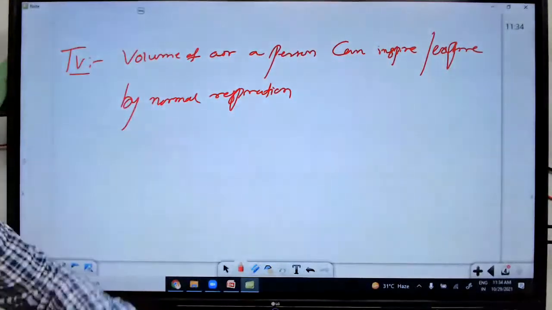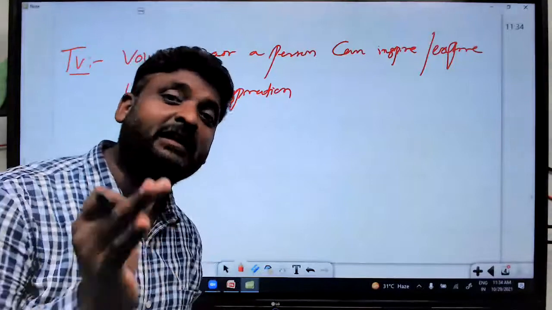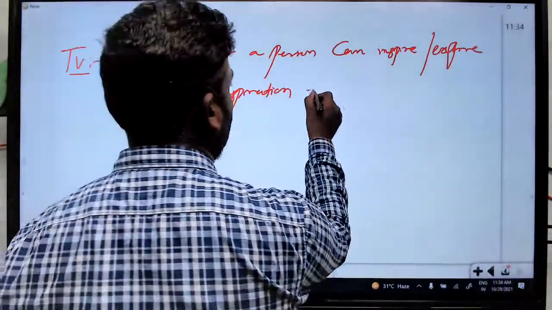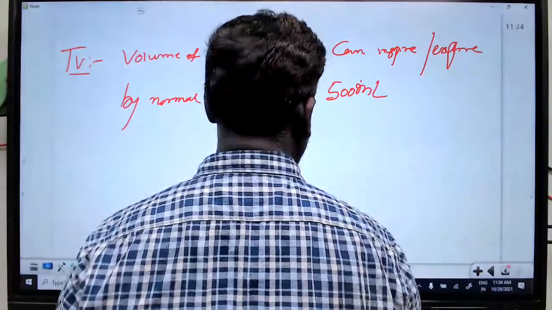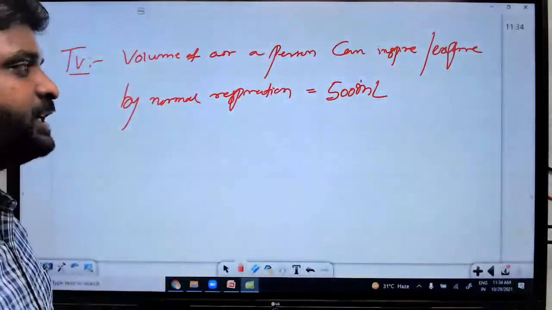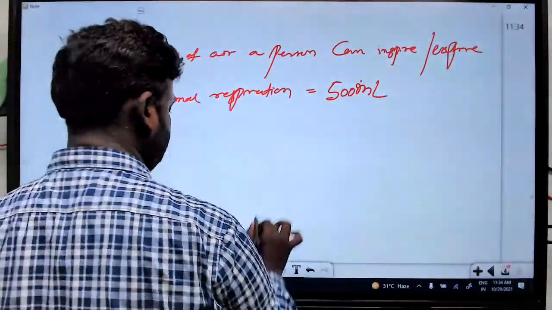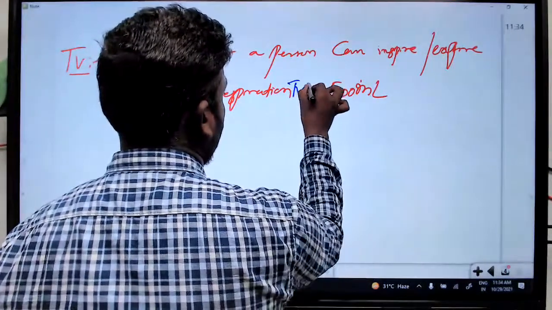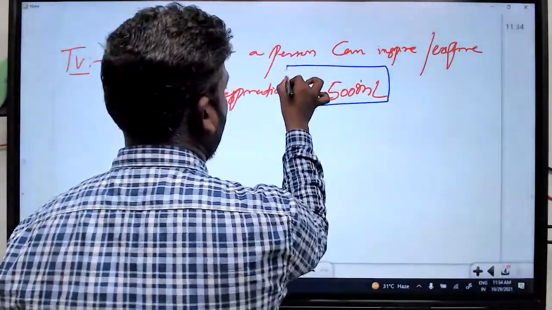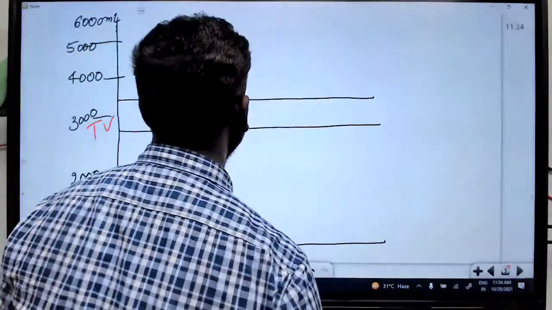How much we are inhaling and exhaling in the normal way, that is about 500 ml. So TV equals 500 ml.